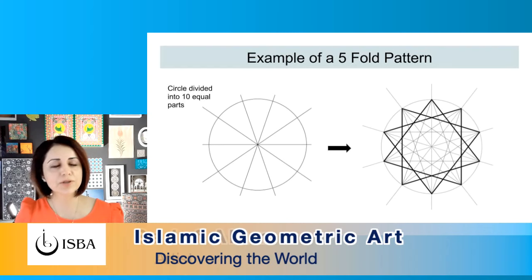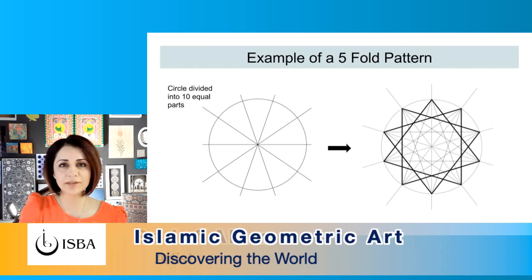And you can see all these construction lines, all these triangles in the middle of it. Like I said, we skipped over those steps, but basically it goes from just a circle divided into 10 equal parts to a star that's 10-sided and 10-pointed. Next slide, please.